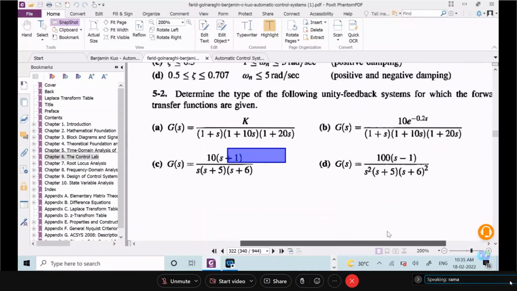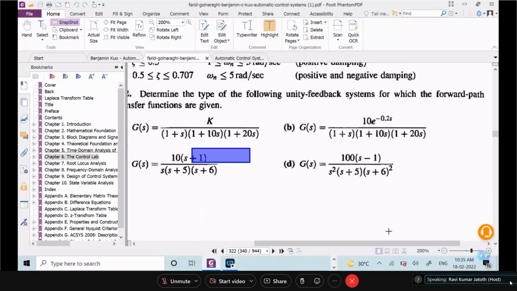Yes, sir. So which type of system is it? Type 0. There is no pole at the origin, right? Okay, fine. That is one point. Another point, there is an exponential term, e power minus 0.2s.